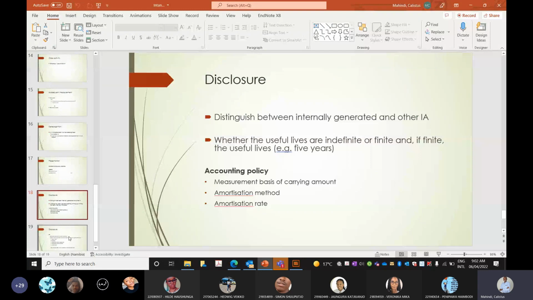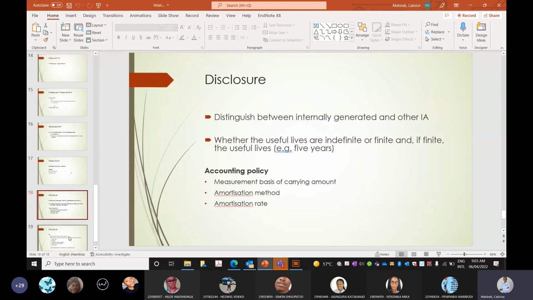You should distinguish between internally generated intangible assets and other intangible assets. All right. And for the accounting policy, you can also state the useful lives, whether they are indefinite or finite.